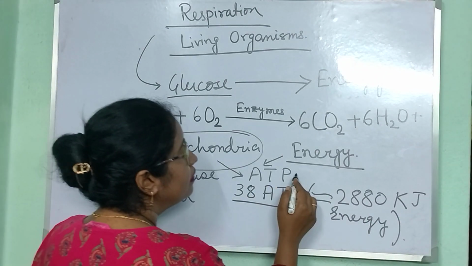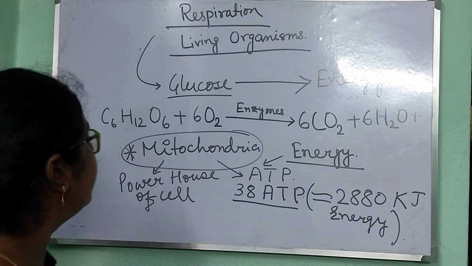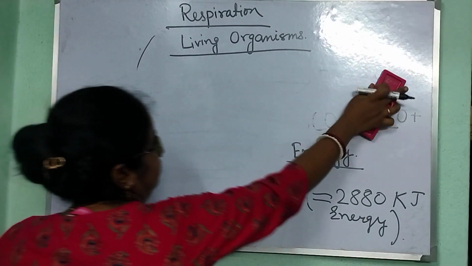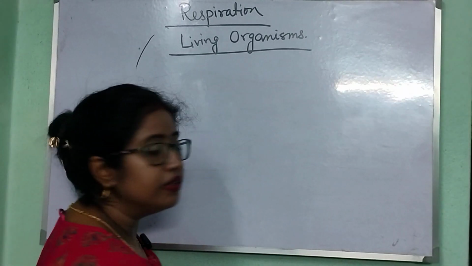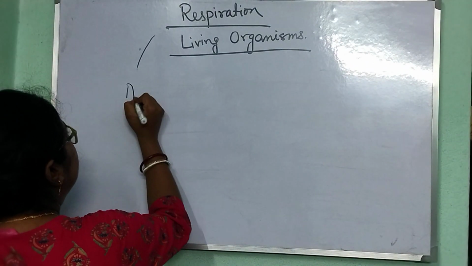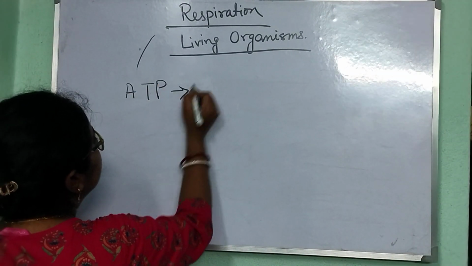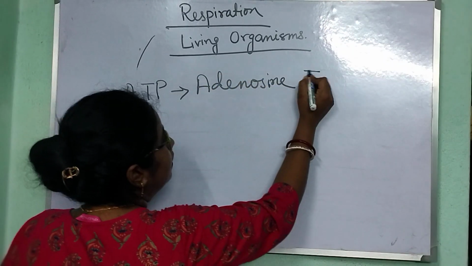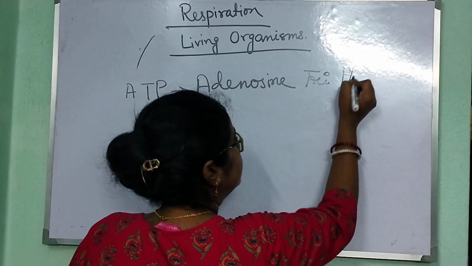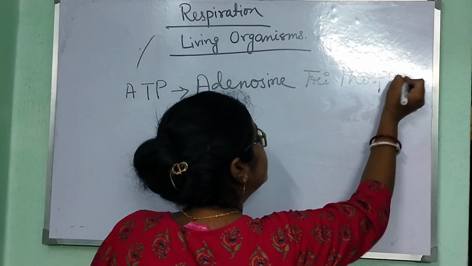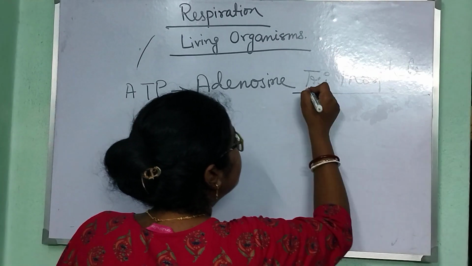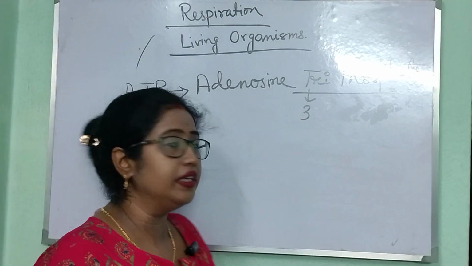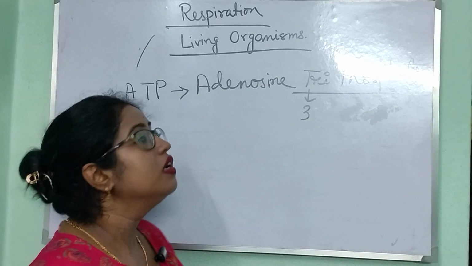The full form of ATP is adenosine triphosphate. Tri means 3, so it has 3 phosphate groups in its chemical composition.